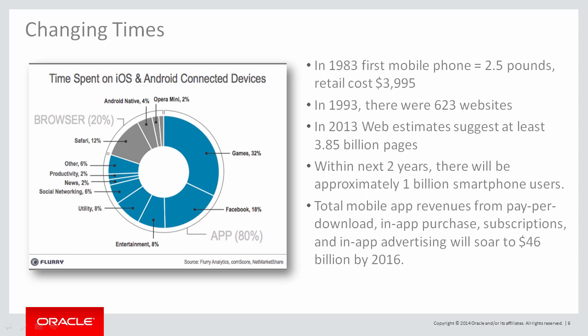Back in '83, when mobile phones were first introduced, they were very large and clunky, and they weighed a lot and also cost a lot of money. In 1993, there were only 600 odd websites. Fast forward to 2013 and there's an estimated 3.85 billion pages. Within the next few years they expect 1 billion smartphone users, and the total mobile application revenue will soar to $46 billion by 2016.